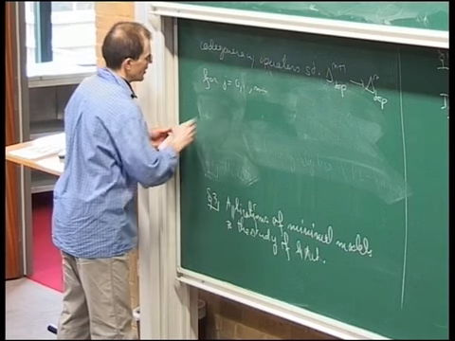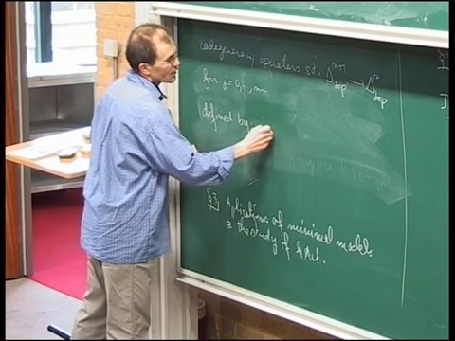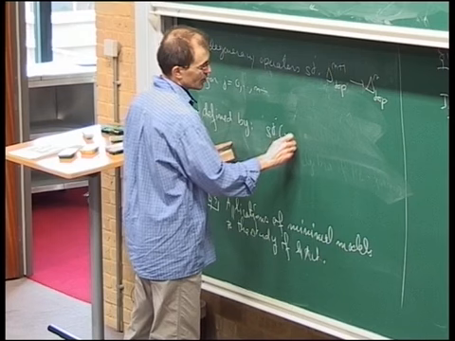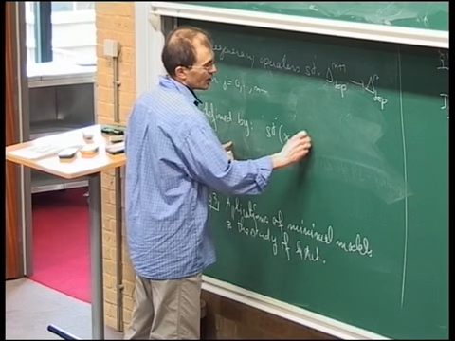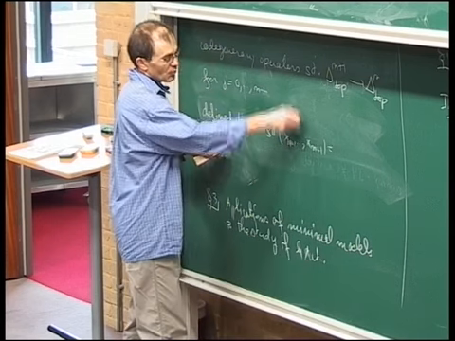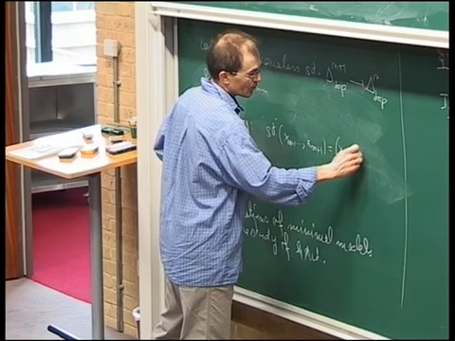And these are defined by s_j of x1, ..., x_{n+1}: you just remove the j plus 1th component.